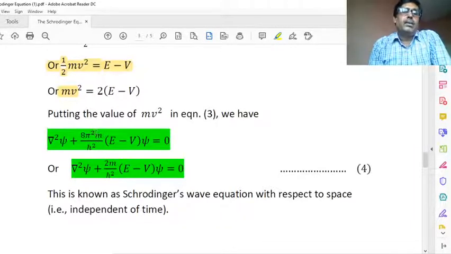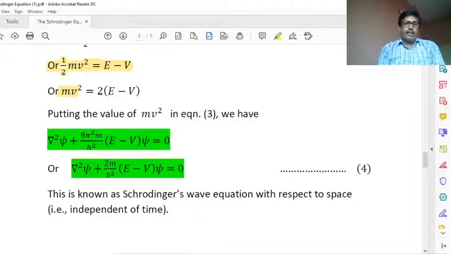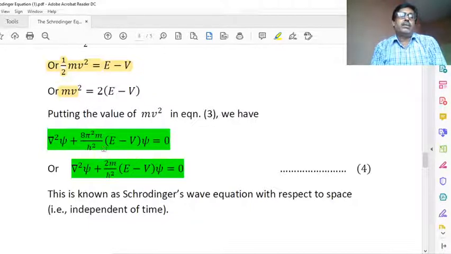Here, this term which is 8 pi square m by h square, we may write as 2m by h cross square, because h cross is equal to h by 2 pi. So we convert it into h cross square. Here there is no h cross, here there is h cross. So if you write in terms of h cross, the equation will be this one.